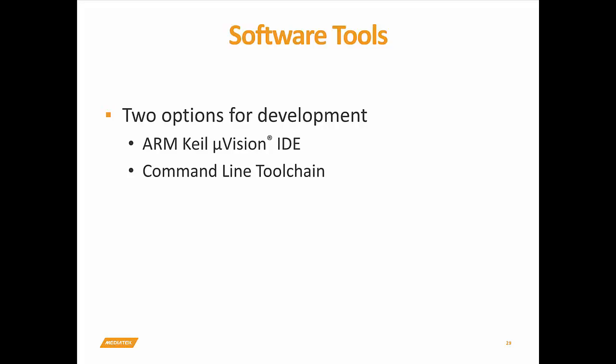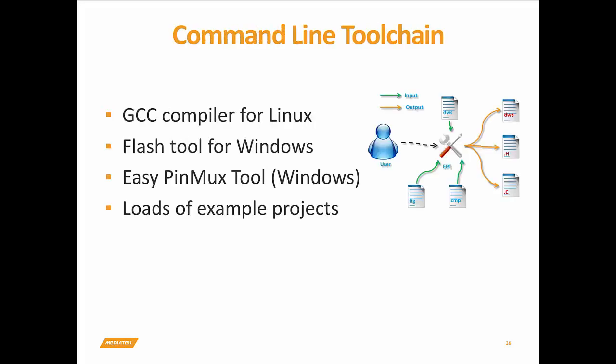This includes a GCC compiler for Linux, where you can compile your projects, a flash tool for Windows to flash the firmware to the latest one, and we also have an easy pinmux tool to define pins and their functions.